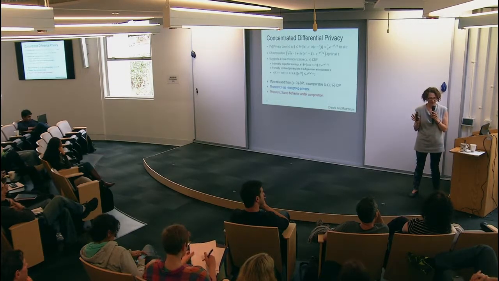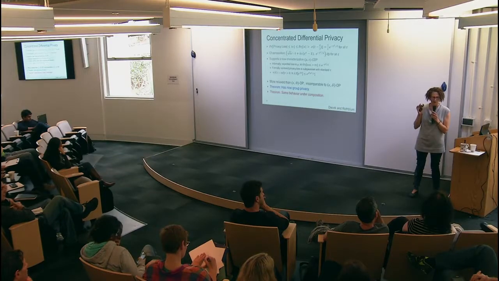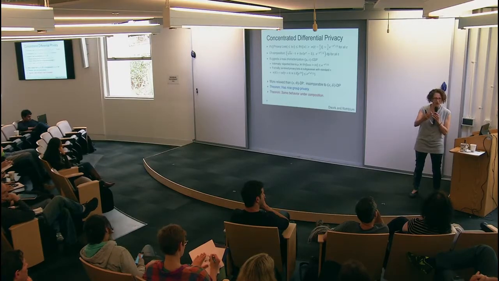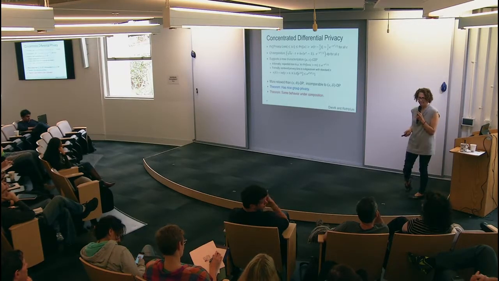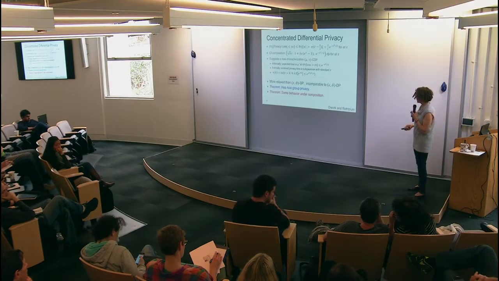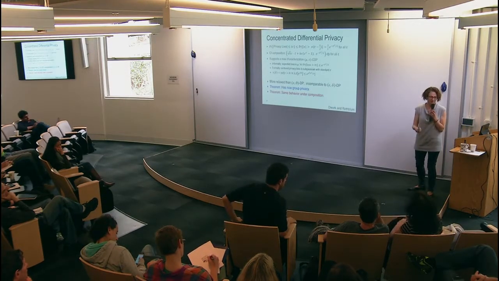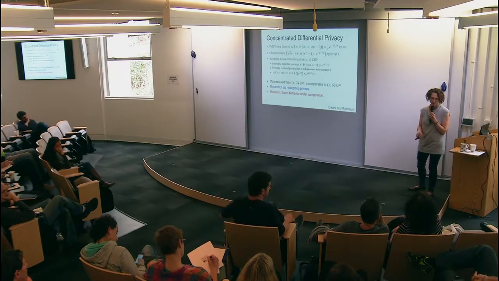I don't think we totally understand, but what we do know is it's more relaxed. It should be more flexible, and the way to think about it is not for any individual mechanism, but some complicated analysis that's a combination of little mechanisms. So it lets you add less noise. By being more relaxed and less demanding, you can get away with better accuracy, right?